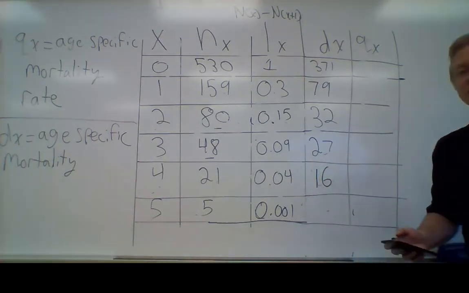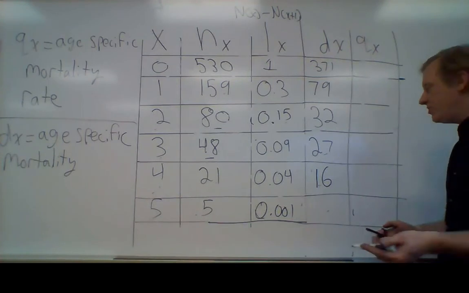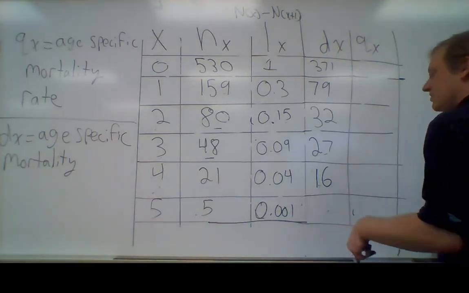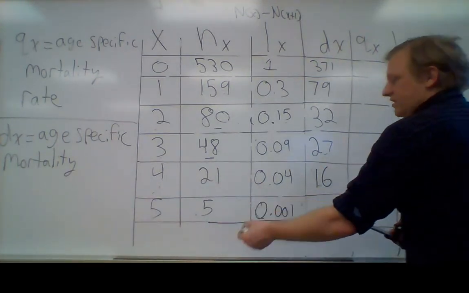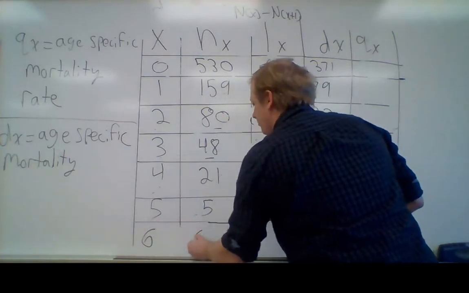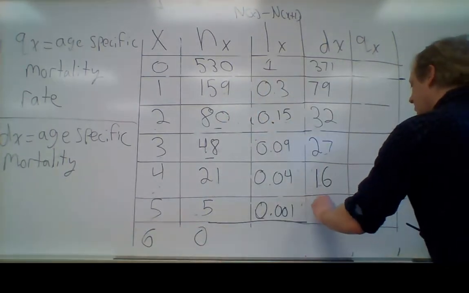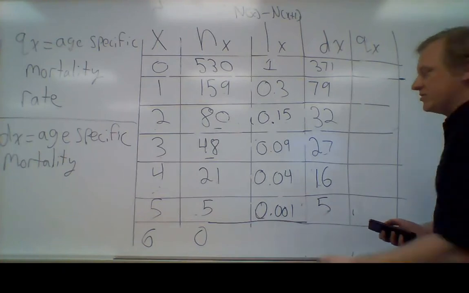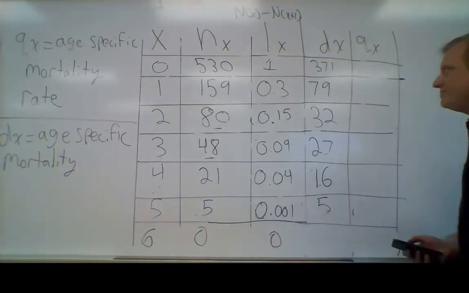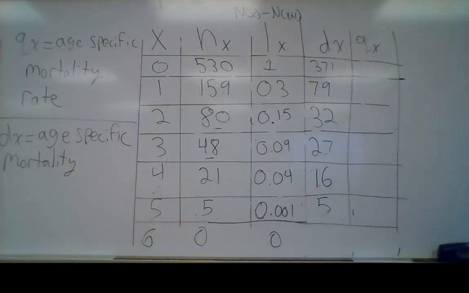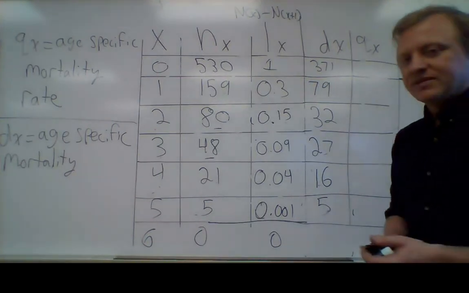The answer to that is 16, and we didn't include another segment on our life table, but in generation 6 we wind up with 0 individuals, which means that 5 died, and our survivorship is 0, by the way. So those are our age-specific mortalities.